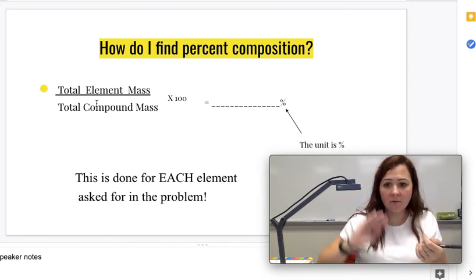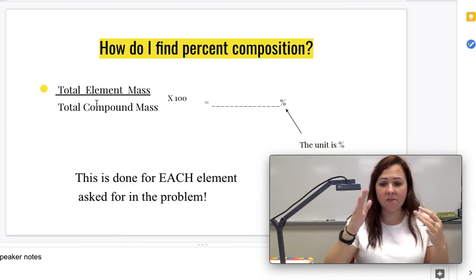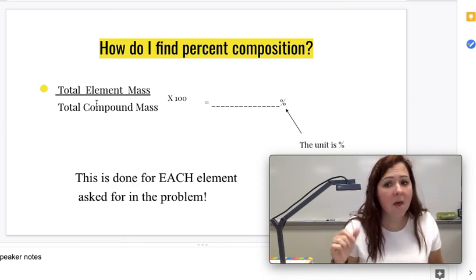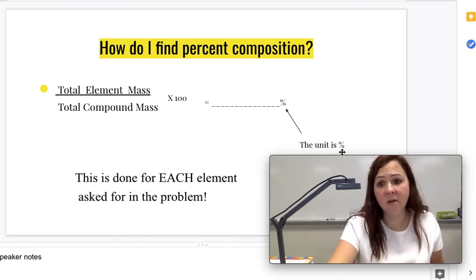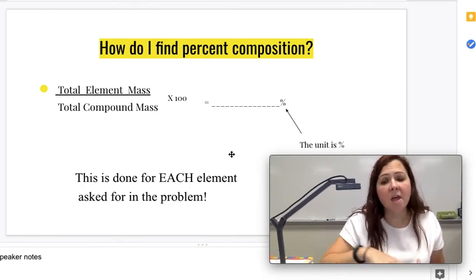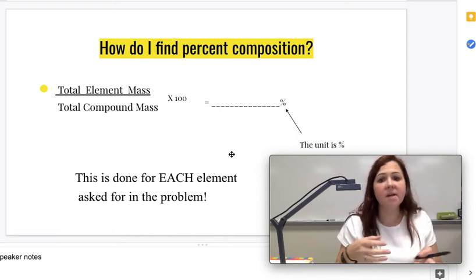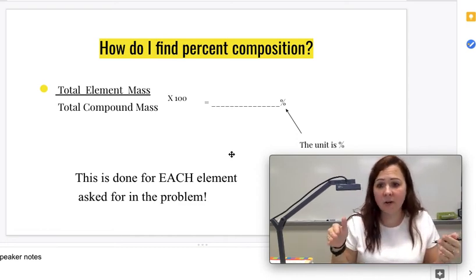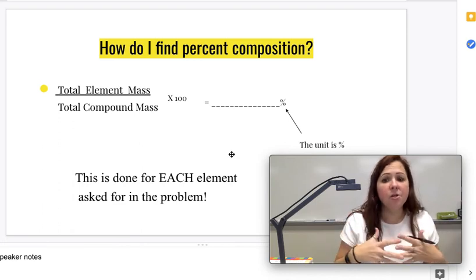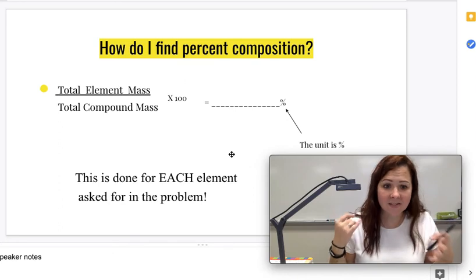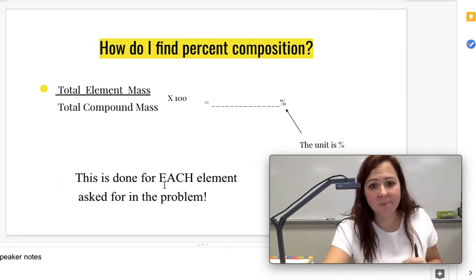So you take your element mass divided by your molar mass, times 100 because it's a percentage. And then the unit, like it says down here, is percent. If it asks you just for one of the elements in the compound, you would just do this one time. You might have to do this for different elements in the compound, so you have to look at it piece by piece, depending on what the problem says.